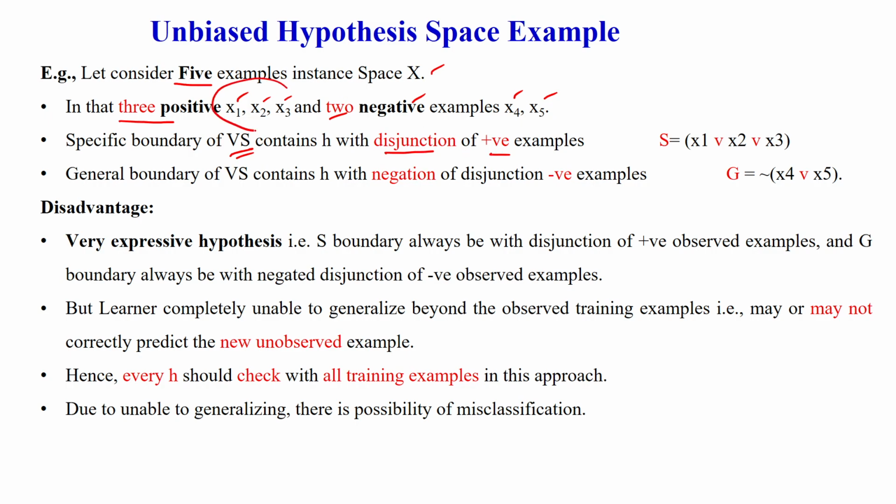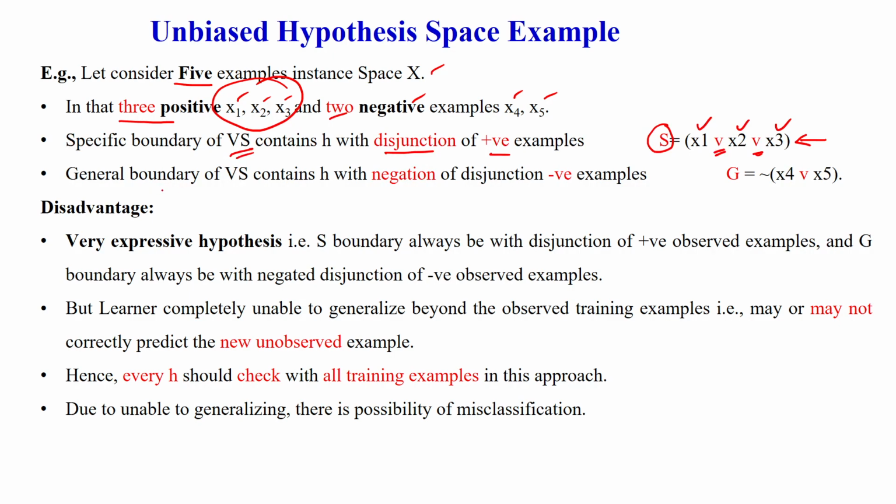So here 3 positive samples are there: sample number 1, disjunction of sample number 2, disjunction of sample number 3. So these three samples are available in the specific hypothesis.